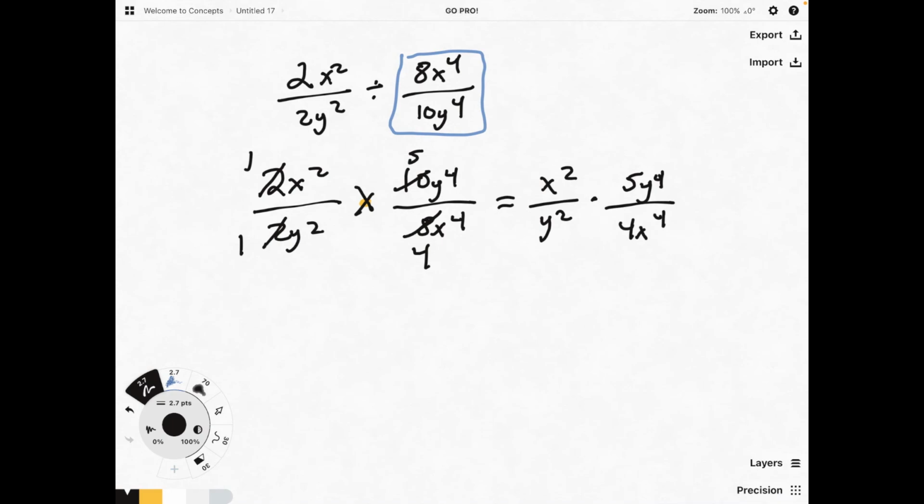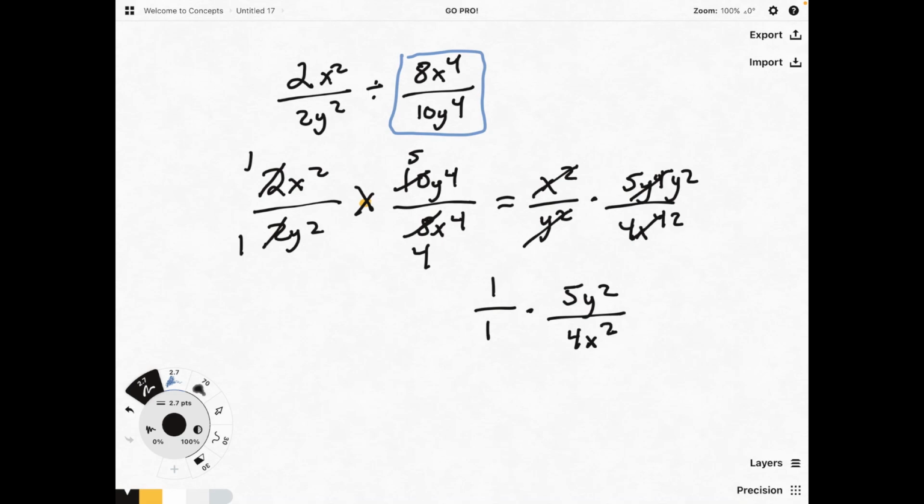Now, again, with our rules of exponents, what we know is this can cancel out with 2 of these, and this can cancel out with 2 of those, and therefore we are left with 1 over 1 multiplied by 5y squared over 4x squared.